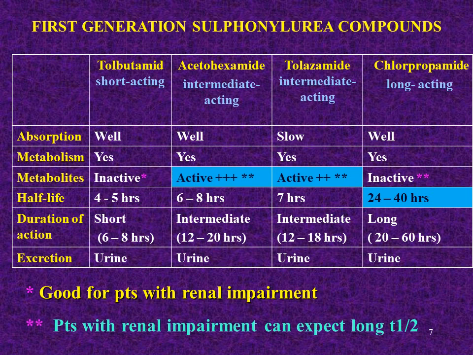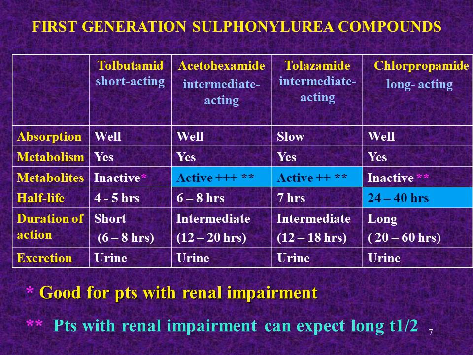If the metabolites are seen, there are more active metabolites of acetohexamide and tolazamide, whereas chlorpropamide and tolbutamide have inactive metabolites. Regarding the duration of action, chlorpropamide has a long half-life of about 24 to 40 hours. That is why it is classified as a long-acting sulfonylurea, and all of them are excreted through urine.